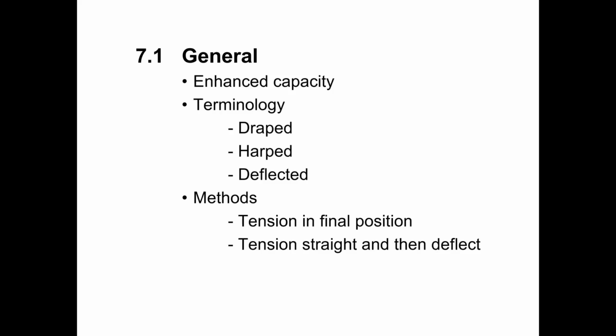But because it takes a long time to do that, what they may do is, if they can get 3 beams in the bed, set up 2 of those beams in the deflected shape, tension the strands in the deflected position, and then afterwards go back and push the strands down into the draped position for that 3rd beam. So they're actually using a combination of these 2 tensioning methods, and that's acceptable as well.